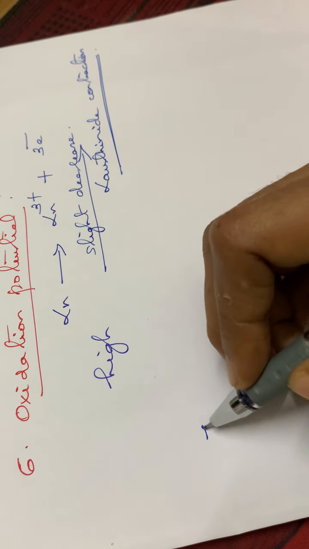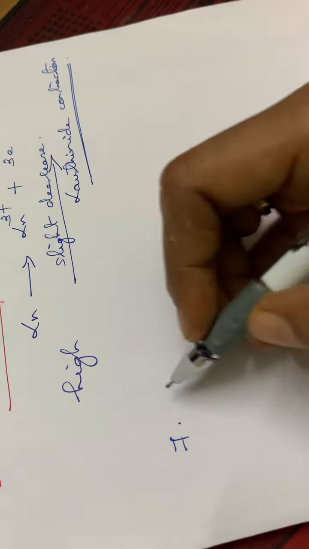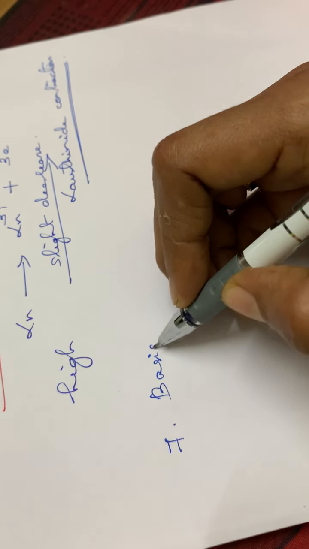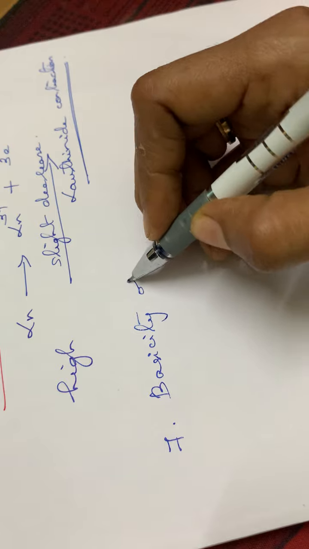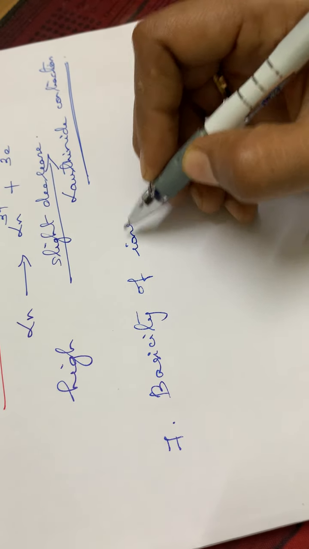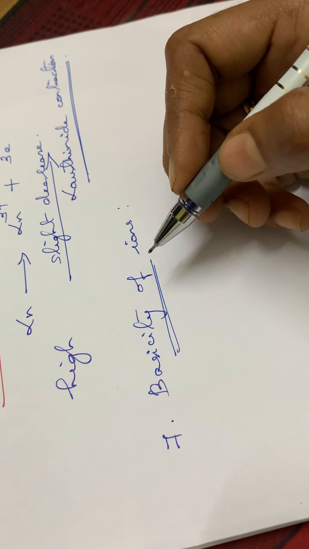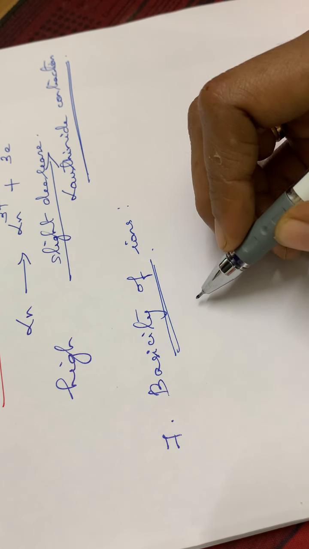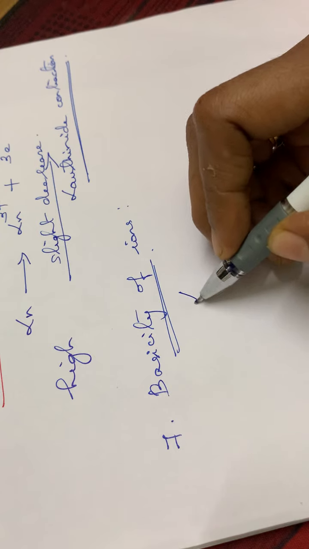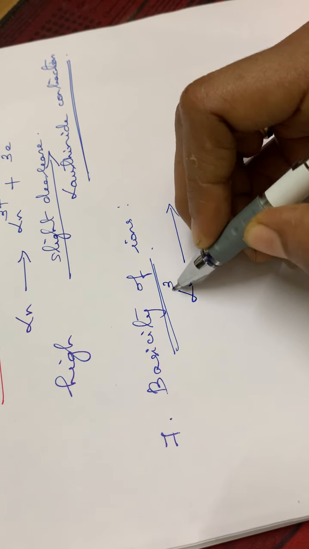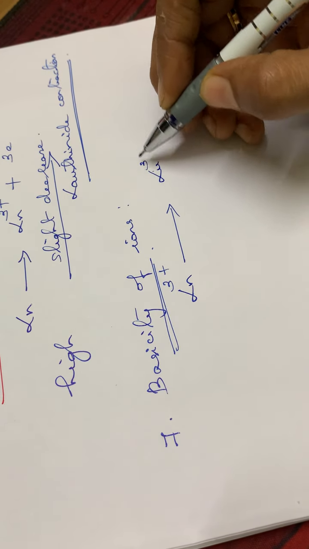Then the next one, the 7th one, that is the basicity of ions. See here, along the series, basicity decreases from lanthanum 3+ to lutetium 3+.